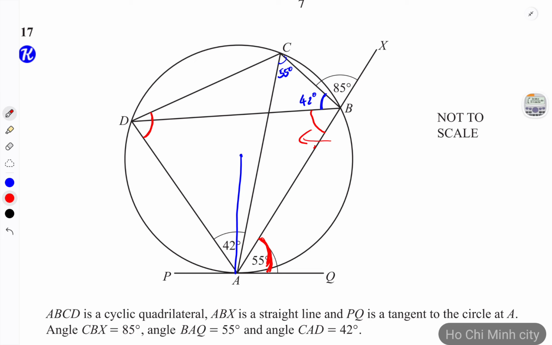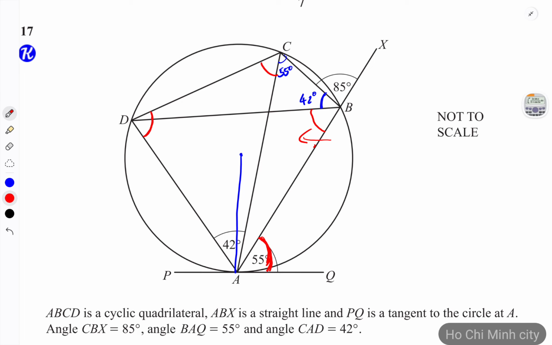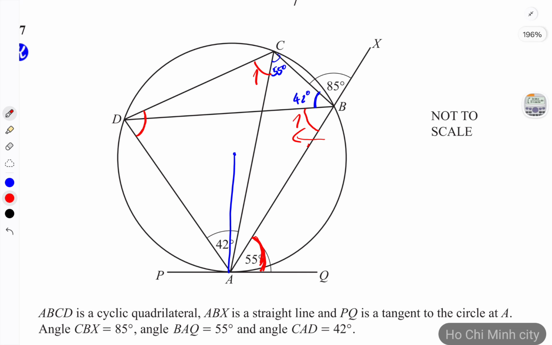Once we know this size, then we also know this one, because the two angles B1 and C1 are both subtended by the same chord, that is AD. Then we will consider the triangle ACD. So we take 180 degrees and subtract C1 and then 42 degrees.